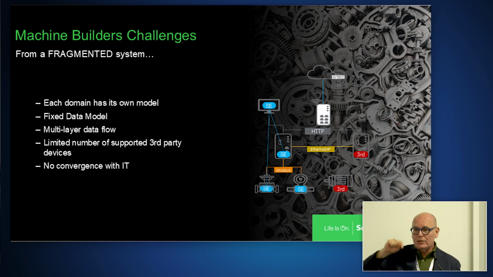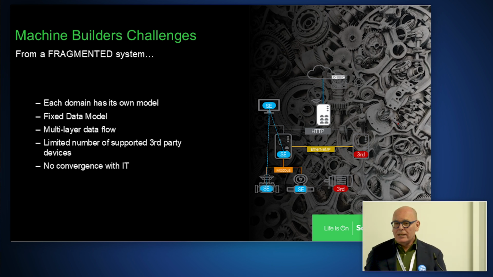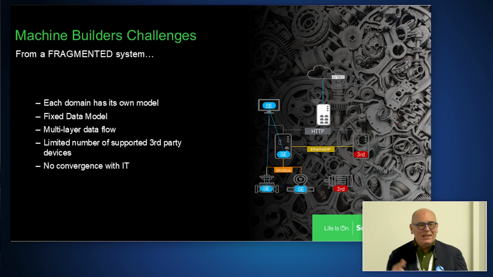You have to jump over each of these layers. You start on the machine, I'm from Schneider, with Modbus TCP, and you go up, and hopefully you have an OPC UA server. But all this is not so easy to grant.